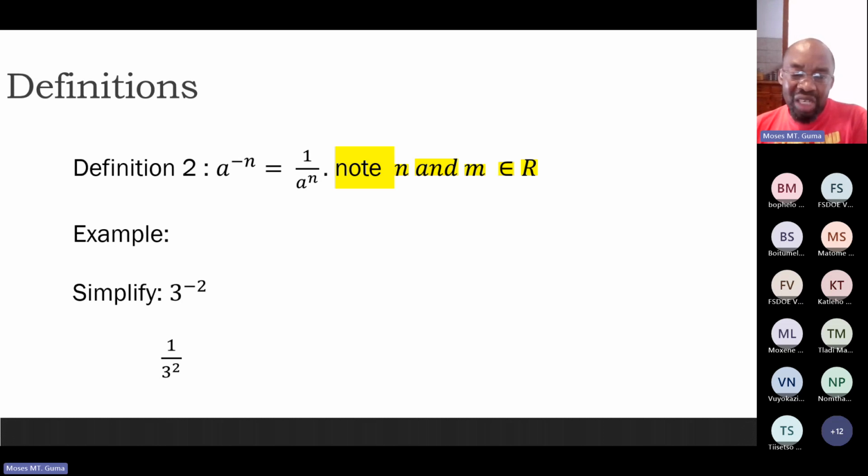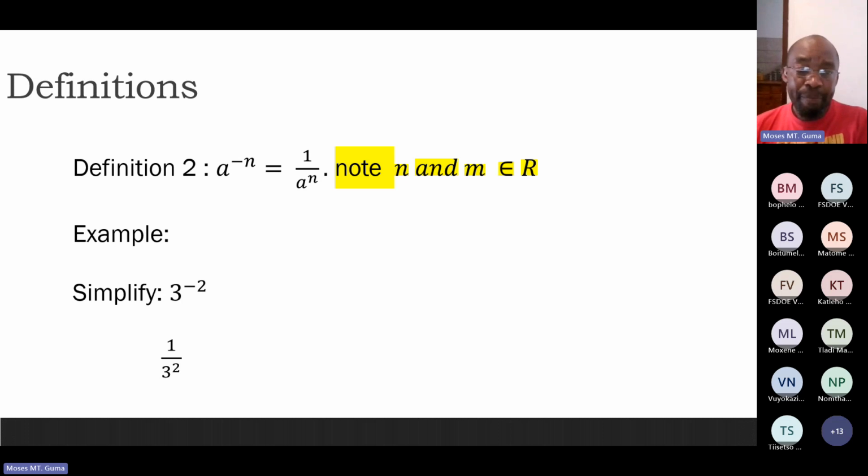Now, when you divide 1 by a to power n, remember that 1 is just any number raised to power 0. I'll take a and raise it to power 0. I'm reversing this now. If I raise a to power 0, it means a to power 0 divided by a to power n, which is just a to power minus n.